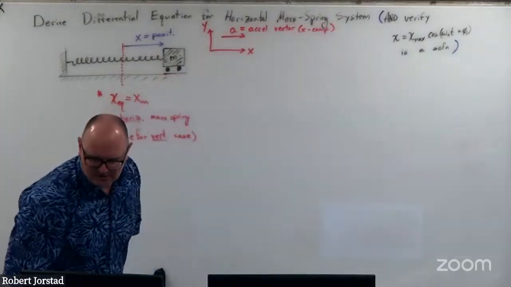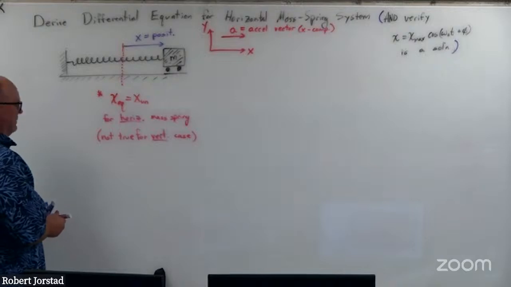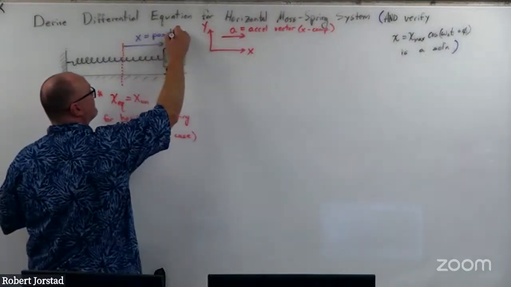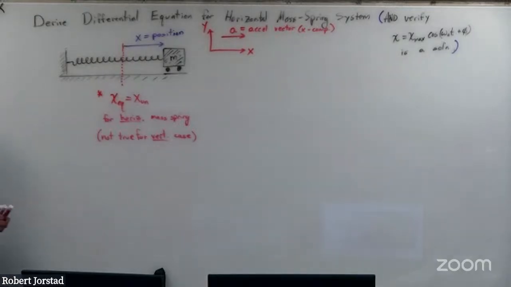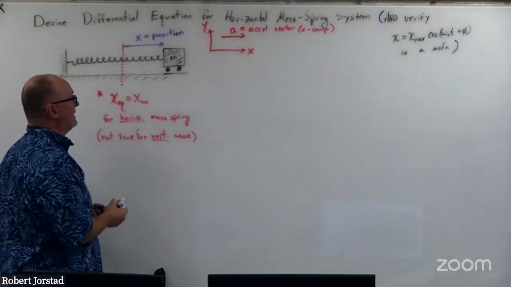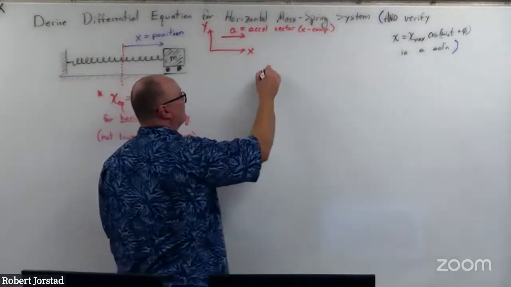Is that legible? Yeah, it is. Okay. All right. So maybe I'll just write this out. X is now a position, not a distance. So I'm going to write the force equations, or well, I guess I should draw a free body diagram.